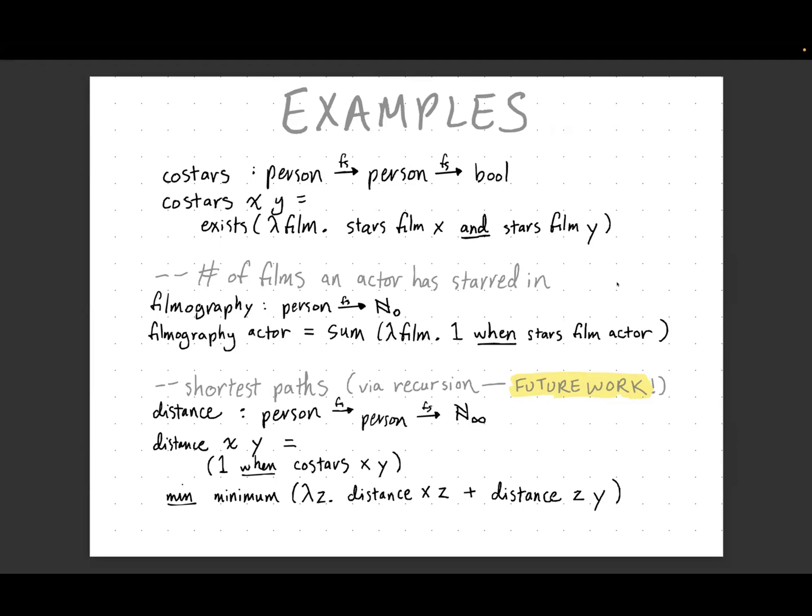But we can also do things involving aggregations, like a summation, right? Find the count of films an actor has acted in as the sum over all films that the actor has starred in, producing 1 if they have starred in it. And if we work with, say, the naturals with infinity, where infinity is nil, we can do things like shortest paths, although this involves recursion, and I don't actually know how to do recursion yet. But these are the kinds of programs I'd like to be able to write.